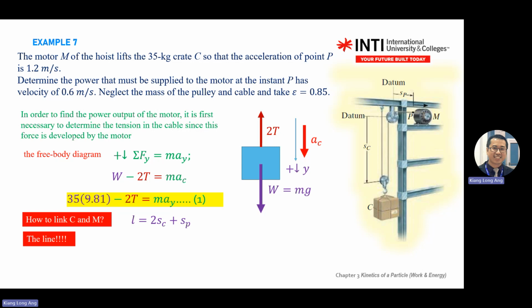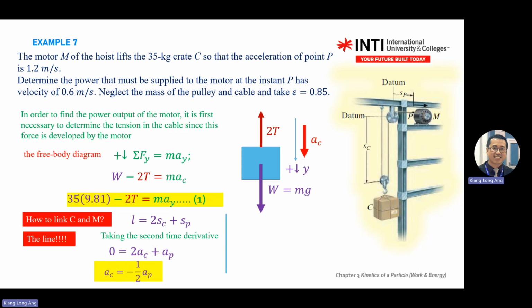This one, ds/dt, you learned in chapter 1, becomes velocity. Rearrange, you get the relationship between s and p in velocity. Then you differentiate one more time to get acceleration, because we are more interested in acceleration.